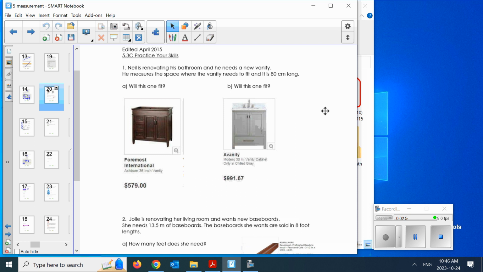Basically, we have to figure out what 80 centimeters is. Let's see if it fits 30. I know it won't fit 36. So set up a ratio here. 80 centimeters long, well, that means I need to go from 1 inch to 2.54 centimeters.